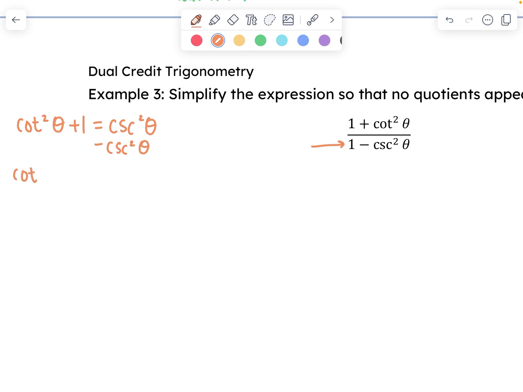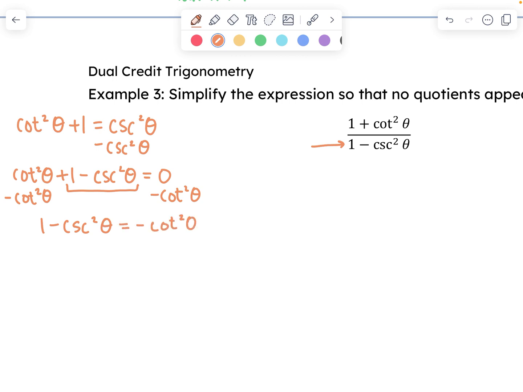I have cotangent squared plus 1 minus the cosecant squared is equal to 0. And we're trying to get this part, which means we've got to move this part over. So 1 minus cosecant squared theta matches with negative cotangent squared theta.